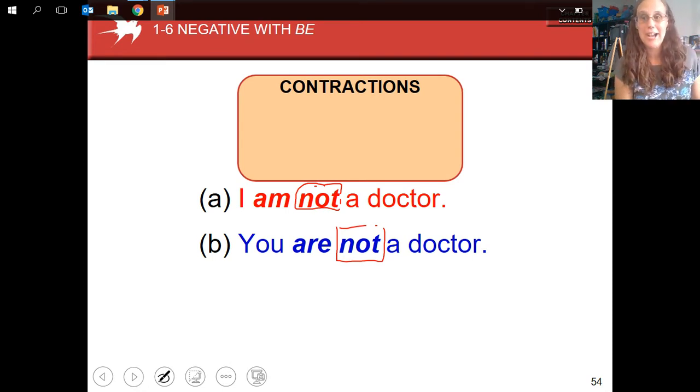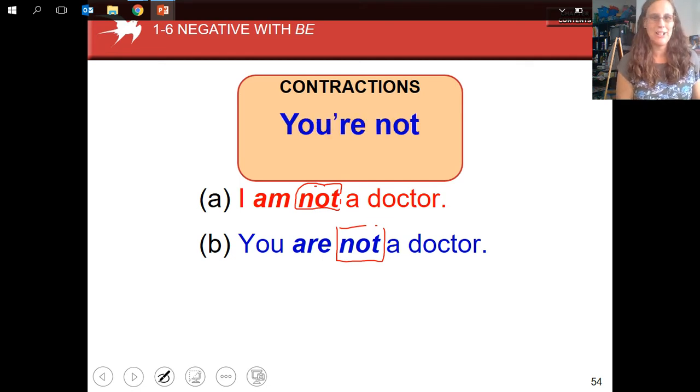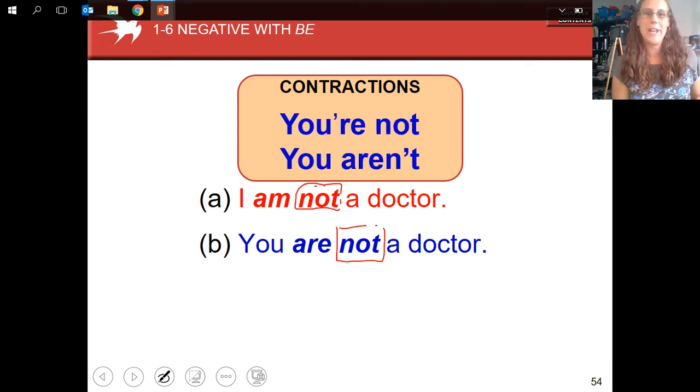How do I make a contraction for this? There are two ways to make this a contraction. The first, we can say, you're not. Similar to affirmative. You're a student. You're not a doctor. So that's one way.